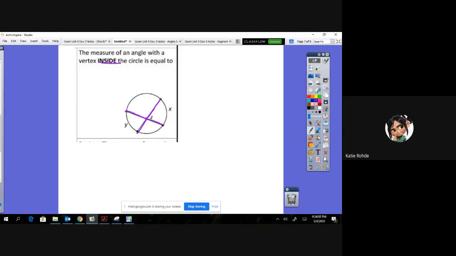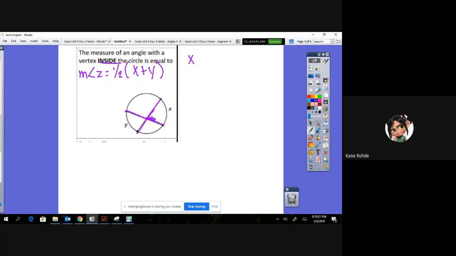We already know how to find the length of all the segments. So now, how do I know what the measure of angle Z is? The special formula we have for this is the measure of angle Z is 1/2 of X plus Y. What was the vocab word we just talked about on the previous slide?